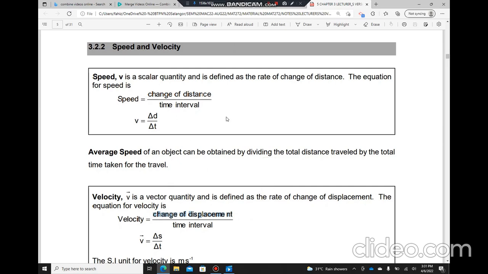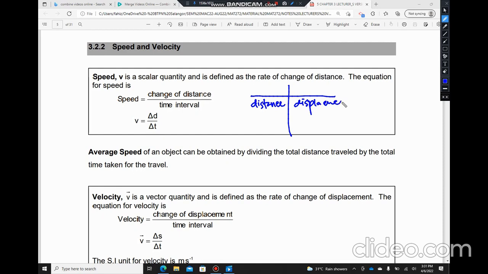So awak kena ingat, tadi kita ada dua kan, distance dengan displacement. Yang ni skalar, yang ni vektor. So kalau perubahan distance, kita akan dapat speed. Kalau perubahan displacement, kita akan dapat velocity.